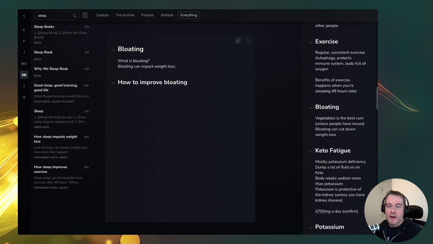Then we're saying vegetables is one of the preferred cures for reducing bloating. Now, again, how do they impact bloating? And then some people, however, may react badly to some vegetables if they suffer from bloating.